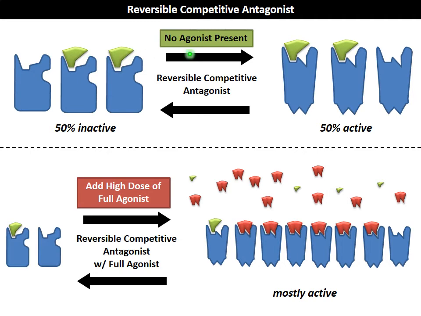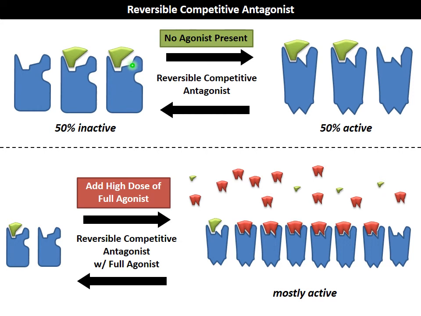So some will be bound here, some will be bound there on the right. But imagine this, if this is reversible, like I said, if any of it falls off on the left side, and we have a bunch of full agonists here, we're going to trap some of those that shifted to the right, right? If this falls off, the receptor equilibrium will be retained.